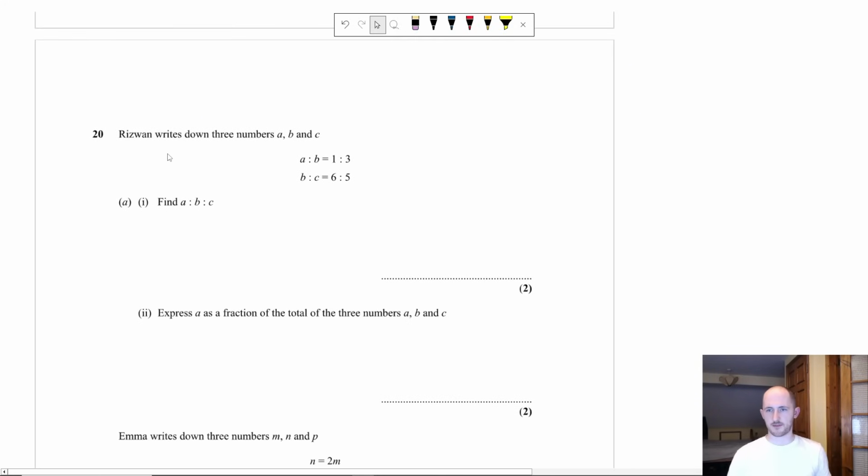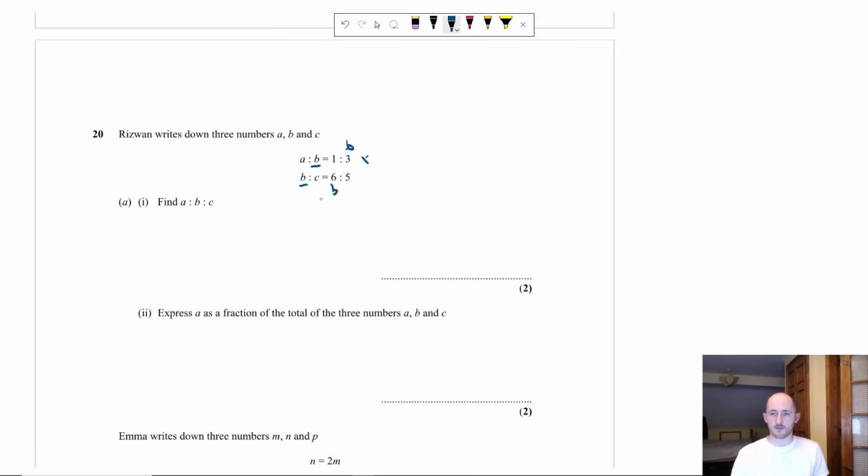Rizwan writes down 3 numbers, A, B, and C. A to B is 1 to 3. B to C is 6 to 5. Find A, B, C. Okay, that's not too bad. To combine ratios, you need to find the letter that's common, which in this case is B and B. And you have to make the number associated with them the same. So in this case, B is 3, and in this case, B is 6.